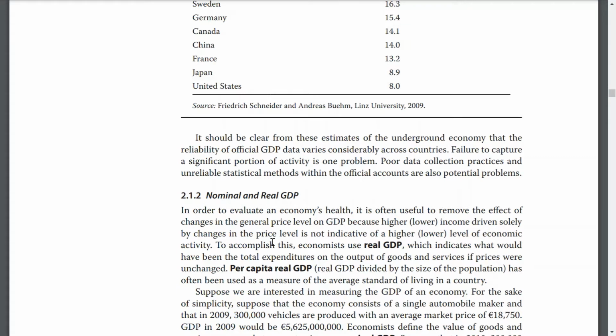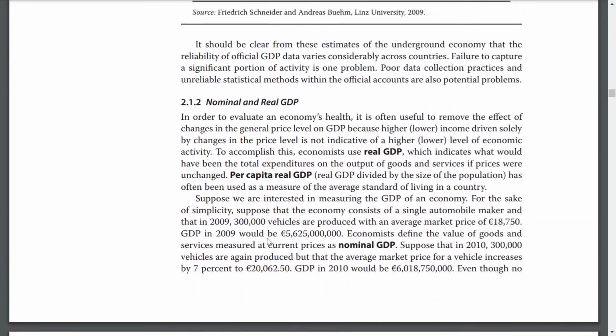2.1.2, nominal and real GDP. In order to evaluate the economy's health, it is often useful to remove the effect of changes in general price levels on GDP, because higher or lower income driven solely by changes in the price levels is not indicative of higher or lower levels of economic activity.